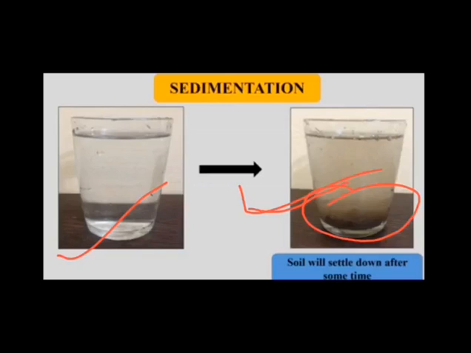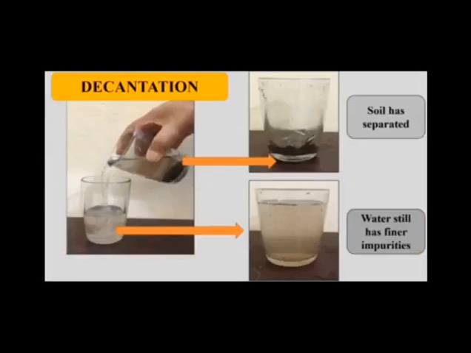So next, now I will take another glass, and without disturbing the sediments, I will pour the liquid into the other glass. Now what will happen? The soil particles or the mud particles and the liquid have been separated.